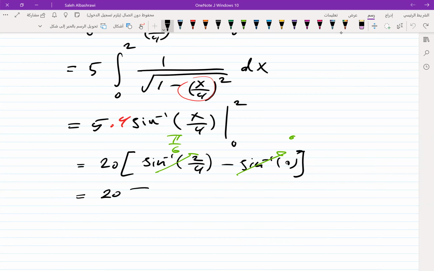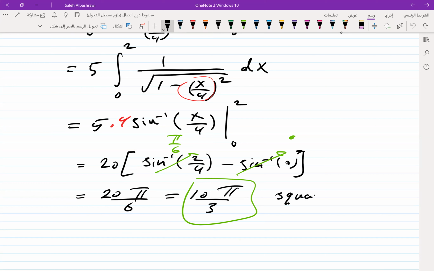That will be 20 pi over 6, or 10 pi over 3 square units. This is how to find the surface area for some given function over some closed region R.